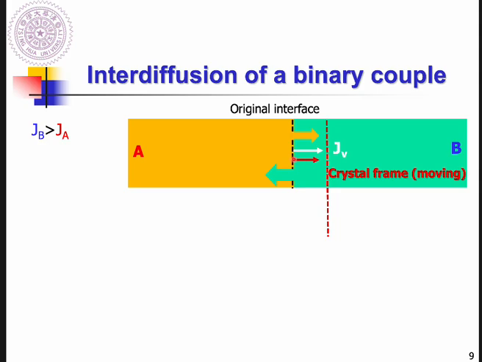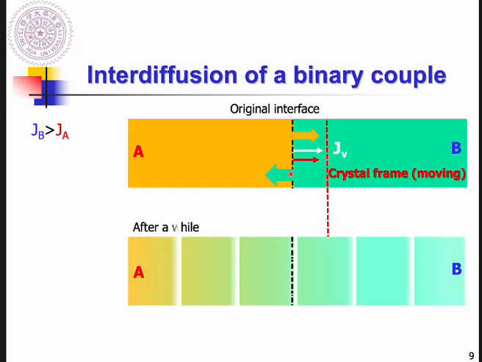So this is the original interface, and after a while, after interdiffusion happens, as time increases, the interface moves to the right-hand side, due to JB larger than JA. Let's give you a quick review here.